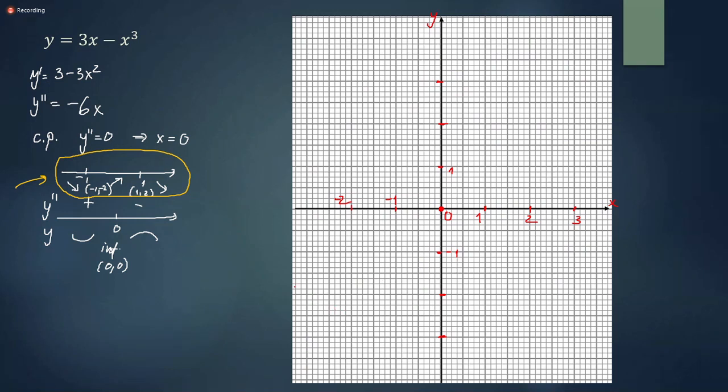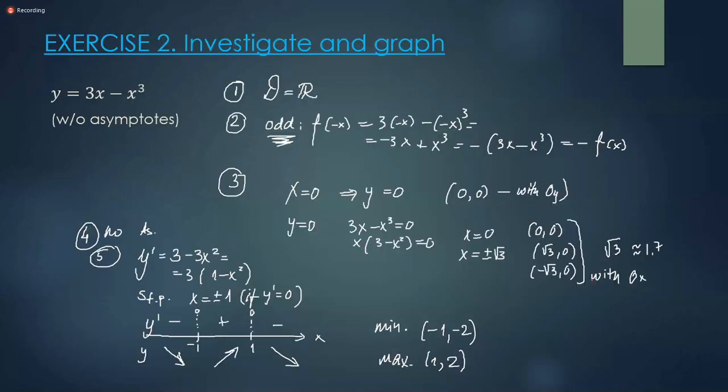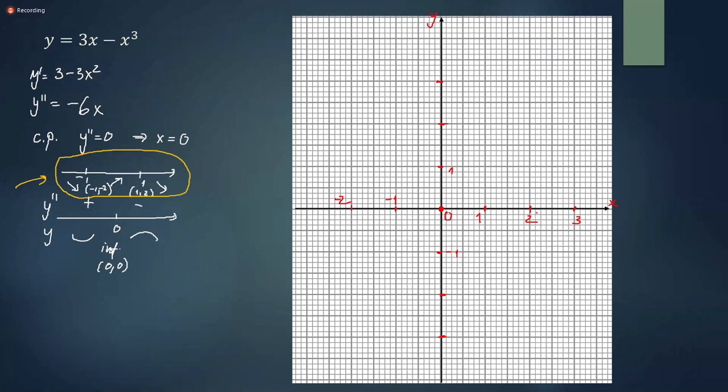Then we had the intersections with the axis also at plus minus square root of 3 and 0 on the x-axis. So 1.7 approximately. This is 1.75, so it would be somewhere here. Square root 3, approximately 1.7, and negative square root 3, approximately here, negative root 3.